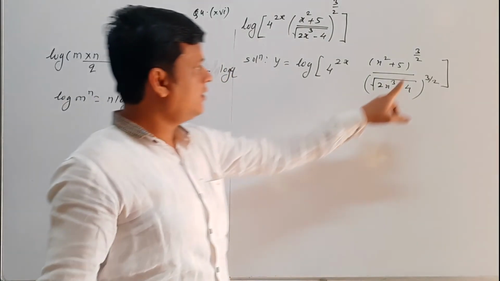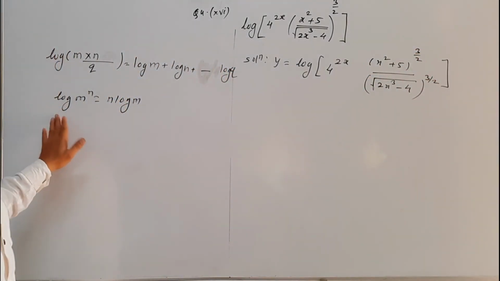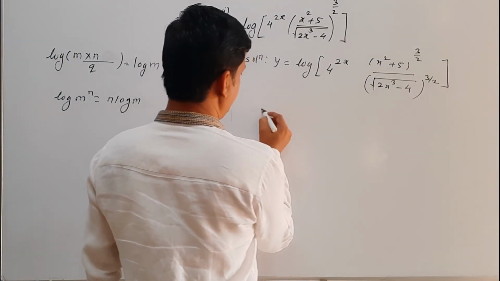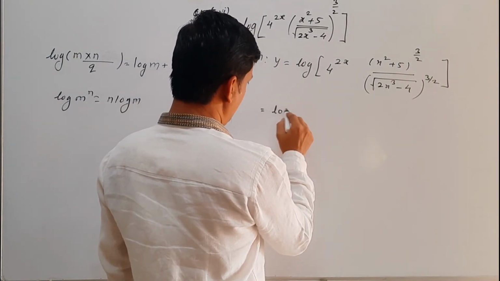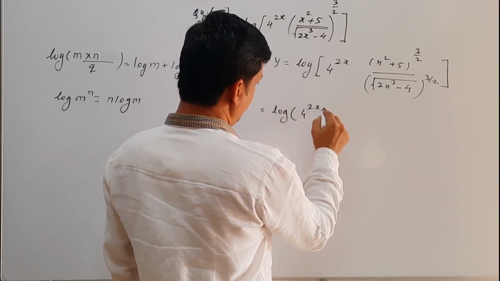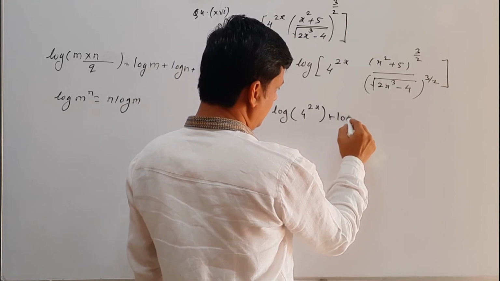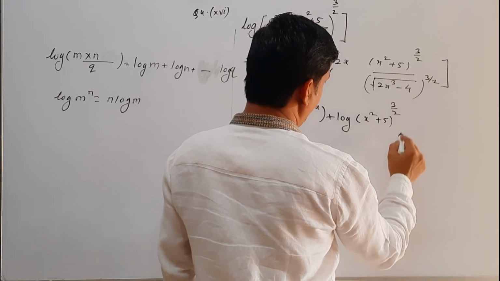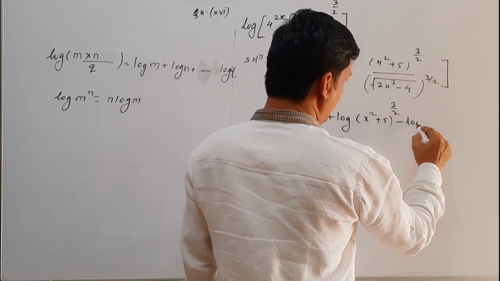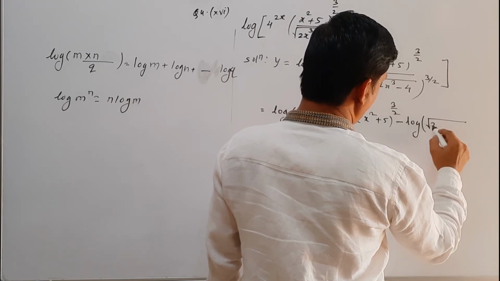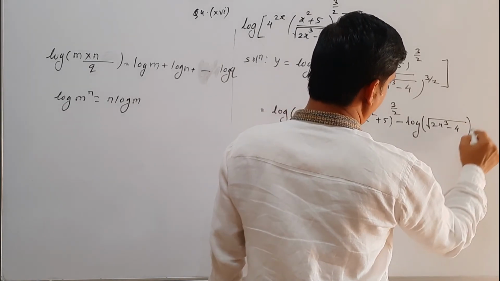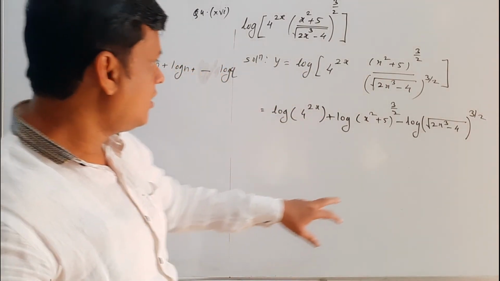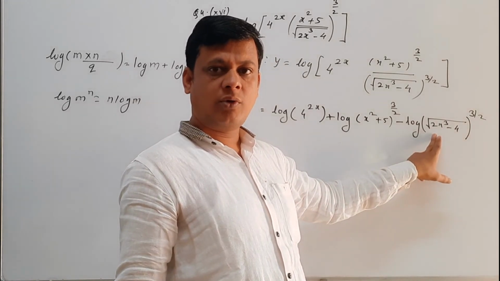Now for this power we use the property log m raised to the power n can be written as n log m. So by using the property of log we write log of 4 raised to the power 2x plus log of x square plus 5 raised to the power 3 by 2 minus log of root of 2x cube minus 4 raised to the power 3 by 2. This root can be written as raised to the power 1 by 2.